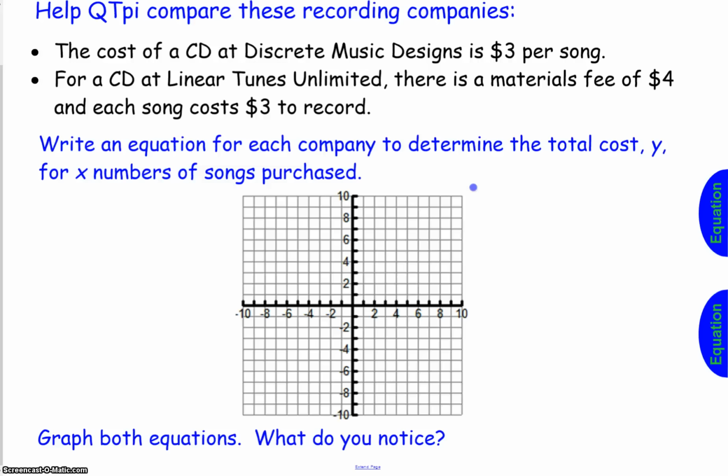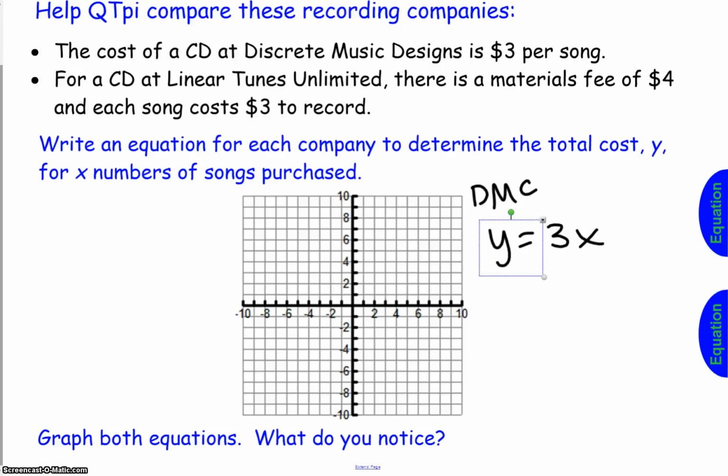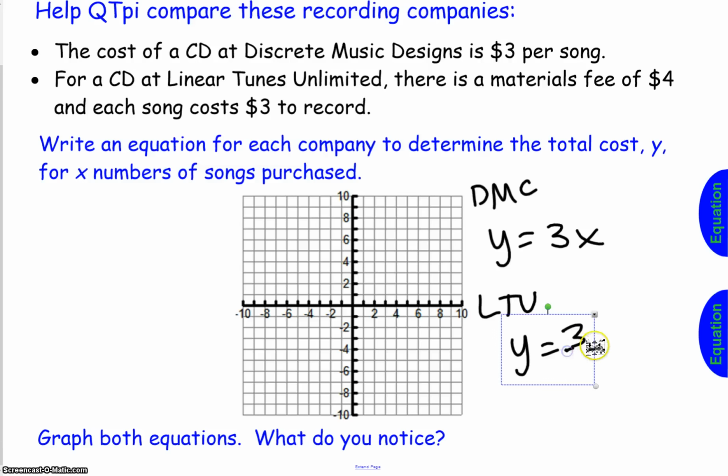So we have Discrete Music Company is y equals 3x, and there is no fee, so there's no y-intercept. Then we have Linear Tunes Unlimited, y equals $3 per song, so 3x plus $4 fee.